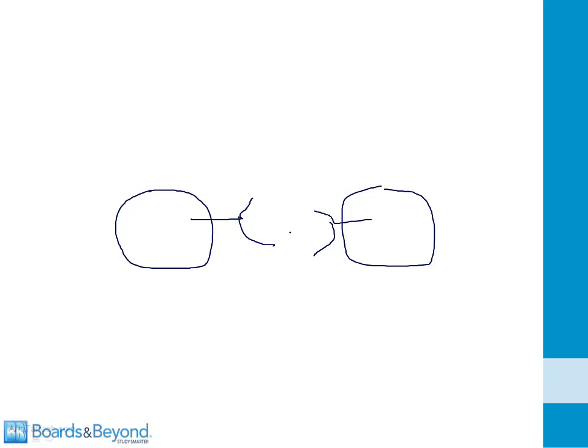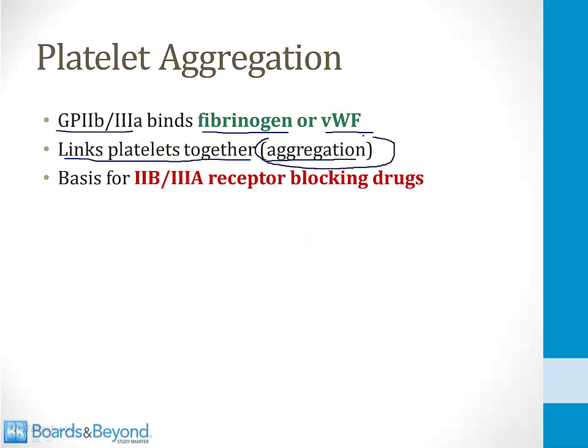Instead, their 2B3A receptors will use an intermediate to link together, and that intermediate is either fibrinogen from the coagulation cascade or von Willebrand factor. So in this manner, you can get multiple platelets aggregating together to form a platelet plug, and this is the basis for the drugs called 2B3A receptor inhibitors, which we'll talk about in the module on antiplatelet drugs.